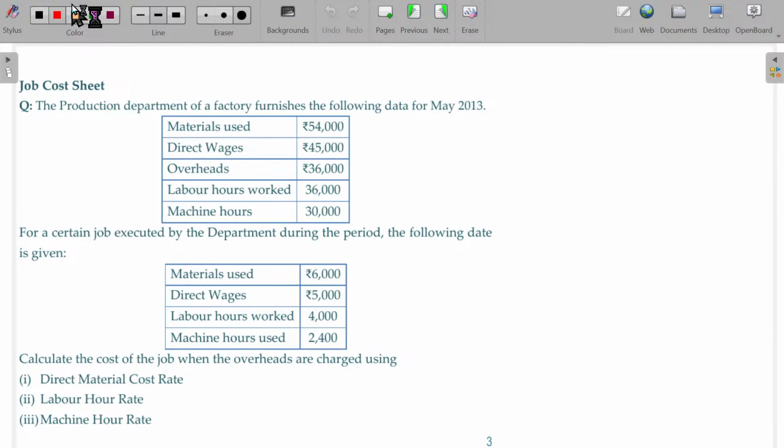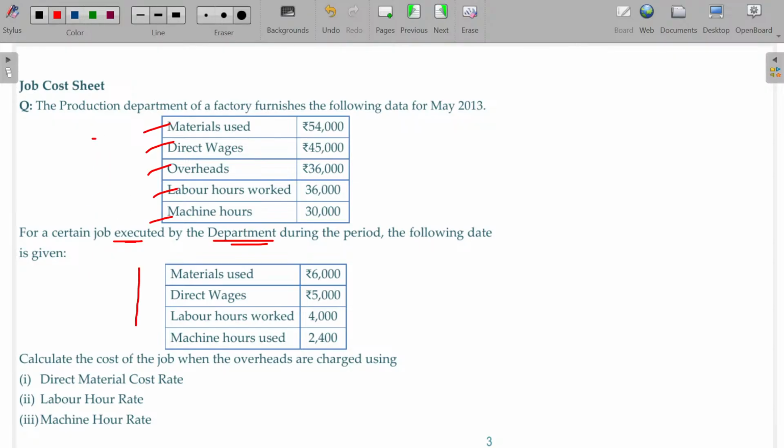Question number 1. The production department of a factory furnishes the following data: material used, direct wages, overheads, labor hours worked, machine hours. For a certain job done by the department during the period, the following data is given. This is the prior details.